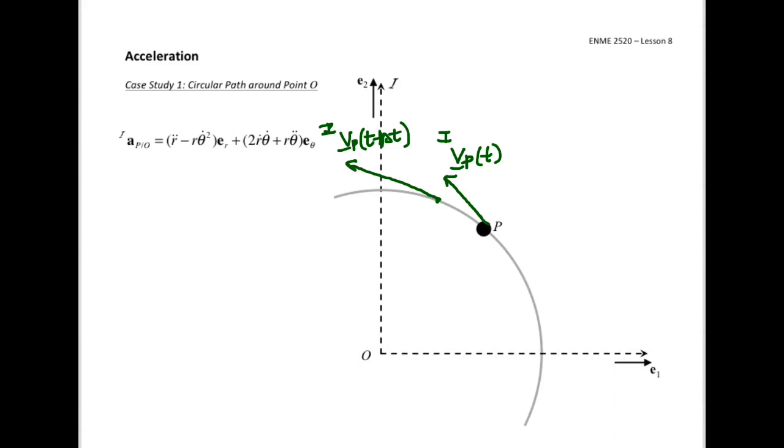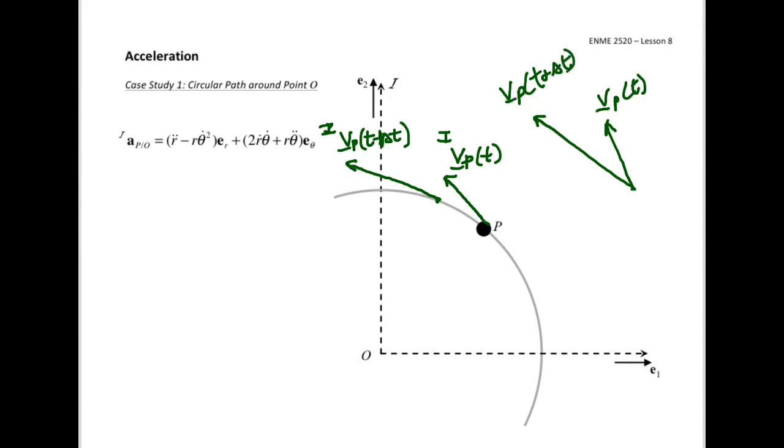And so you can see that velocity is always going to be tangent to the path, but it can also change length. So if we do the same thing to define our acceleration as we did with velocity, which is looking at the change in velocity as delta t approaches 0, then we could draw these two velocities. So there's our v sub p at t, and then our next velocity being v sub p at t plus delta t, right?